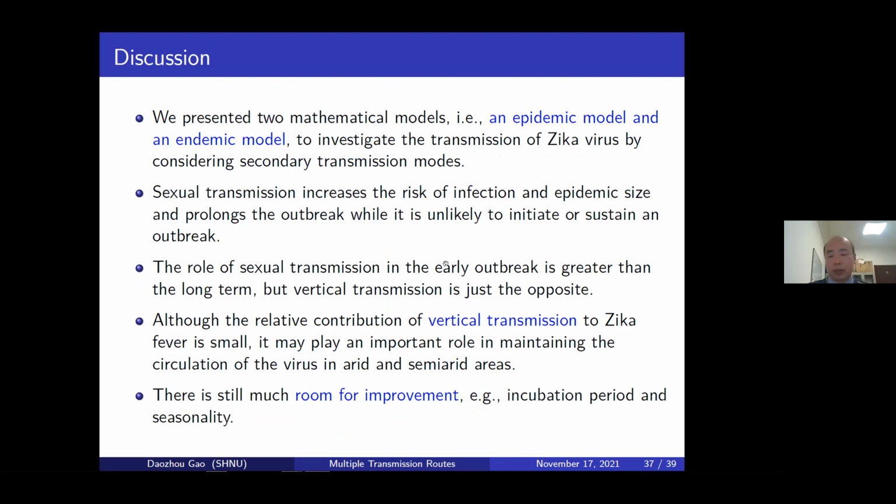Statistical analysis shows that reducing mosquito bites on the vector population is most effective in controlling Zika virus disease. And of course, there is still much room for improvement, because usually the mosquito population size is time varying.